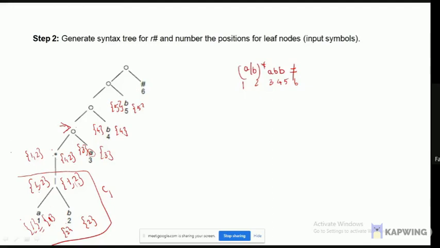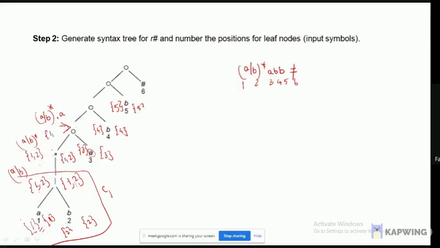Here in this point, you are having A or B star. In this concatenation node, you are having A or B star in the left hand side, and in the right hand side, you are having A. Okay. So what will be the first position of this node? 1, 2, or 3?